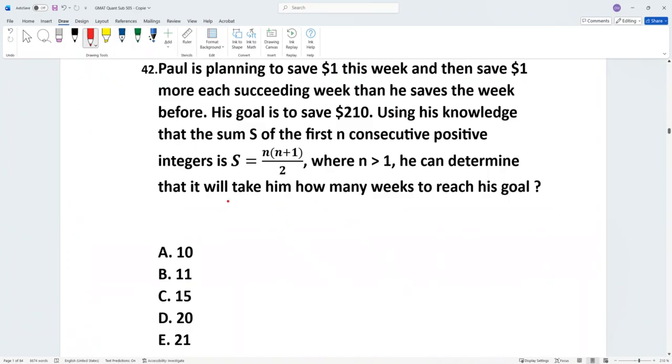So this S here is actually the sum of what Paul is going to save, and the target is $210.